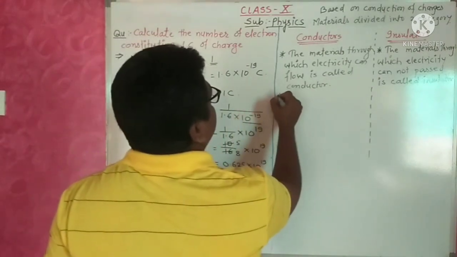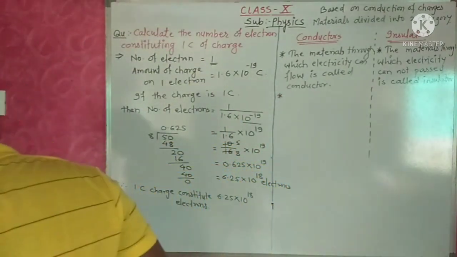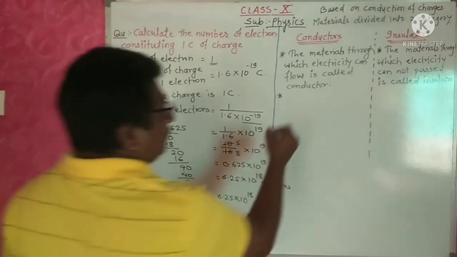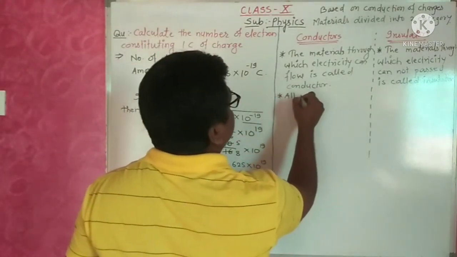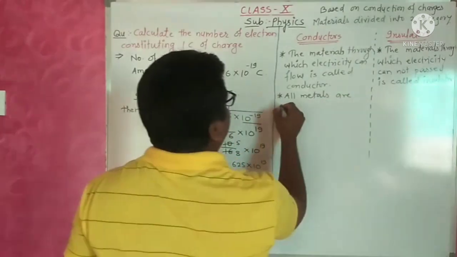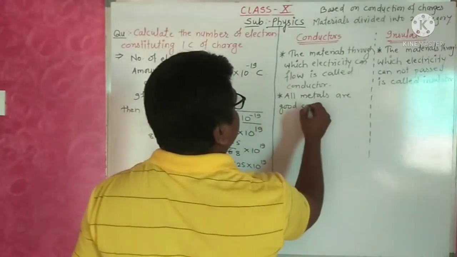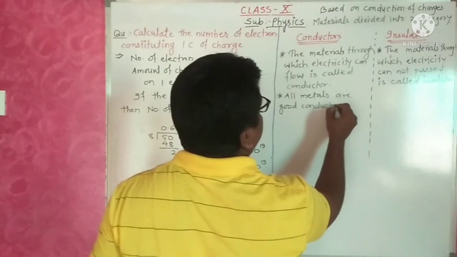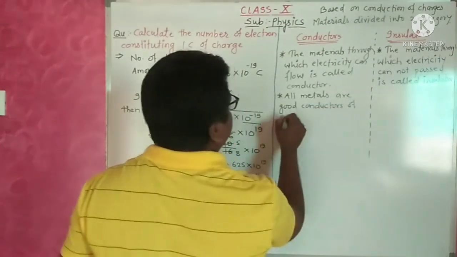So the second point: all metals are good conductors of electricity.